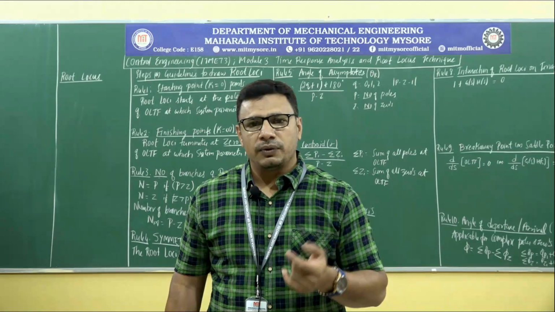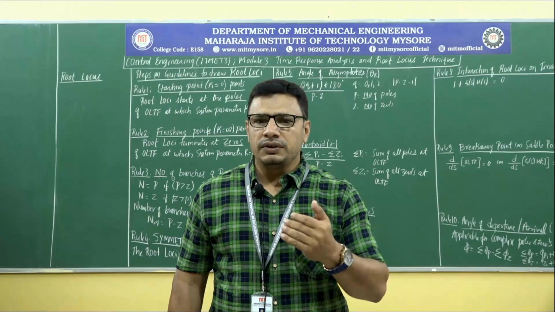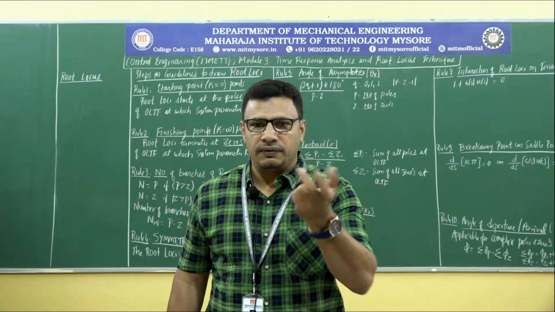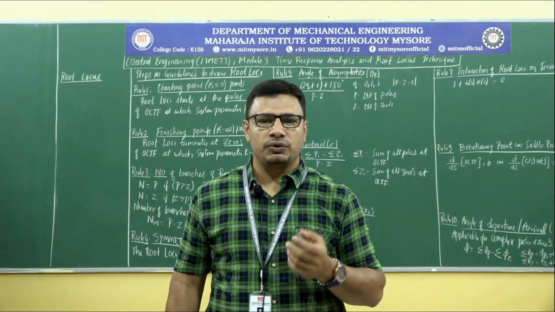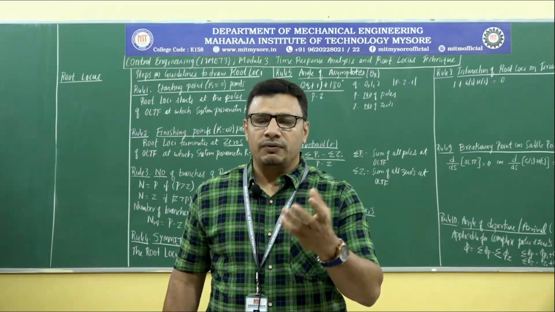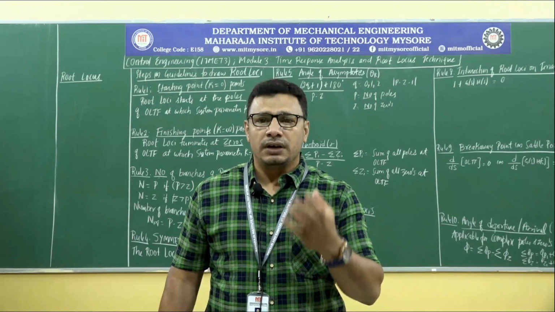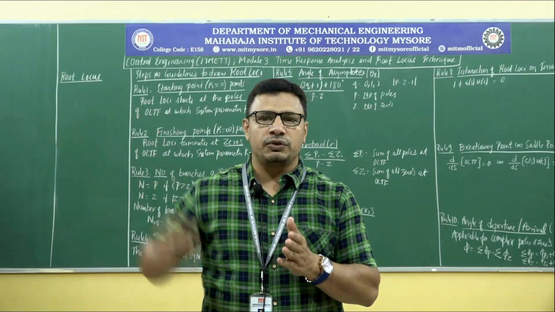Then what do we get out of the root locus or root loci plot? What we get to know is the value of the input parameter or the gain, that is K, if we talk in terms of the open loop or closed loop transfer function: what is the value of K, the value of gain, the value of input parameter at which the system becomes just unstable, after which it continues to be unstable.